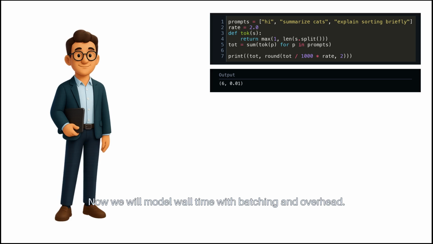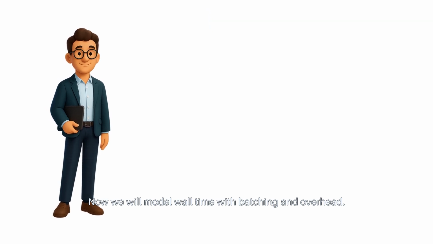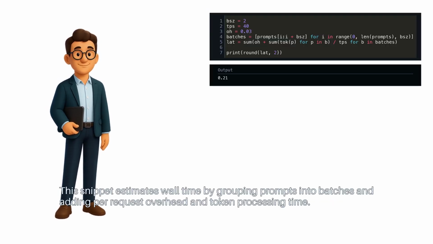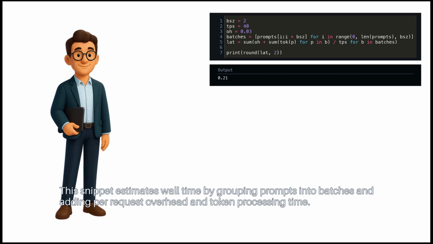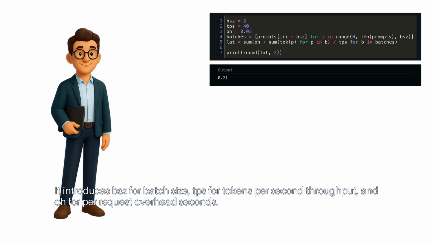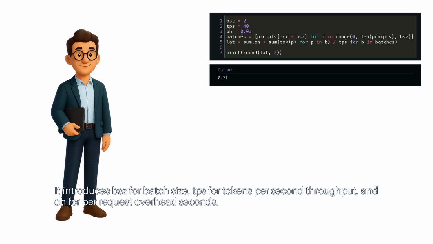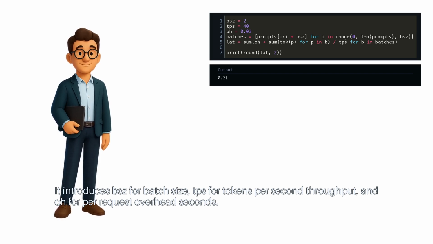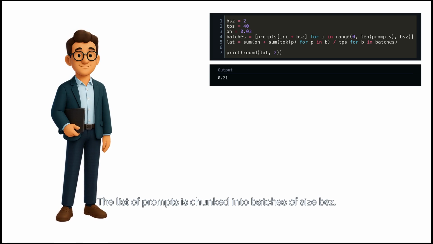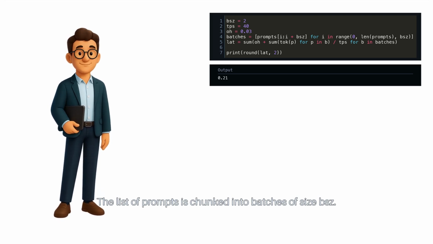Now we will model wall time with batching and overhead. This snippet estimates wall time by grouping prompts into batches and adding per request overhead and token processing time. It introduces BSZ for batch size, TPS for tokens per second throughput, and O for per request overhead seconds. The list of prompts is chunked into batches of size BSZ.